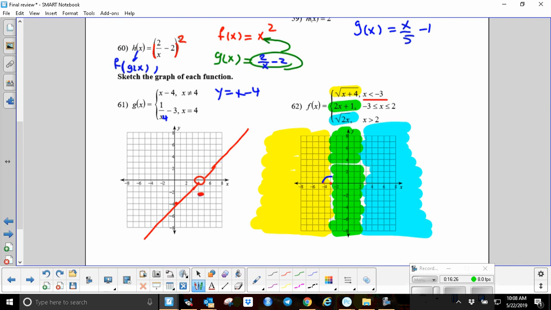That section. Next, I'm going to draw 2x plus 1 for the green section, starting from that point, because that's where your -3 is. x less than -3, not less than or equal, so leave it blank, right?